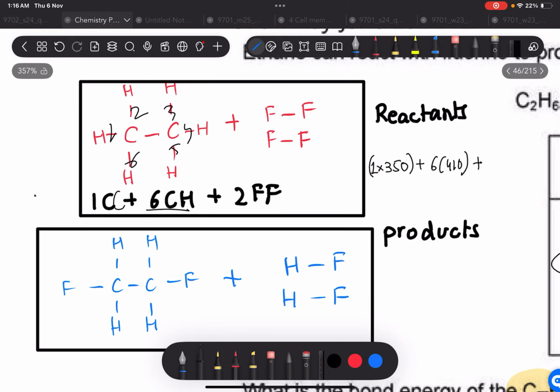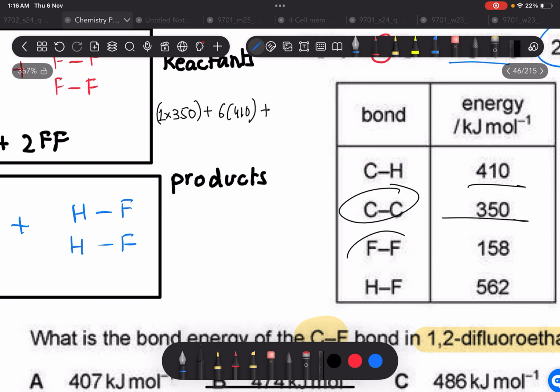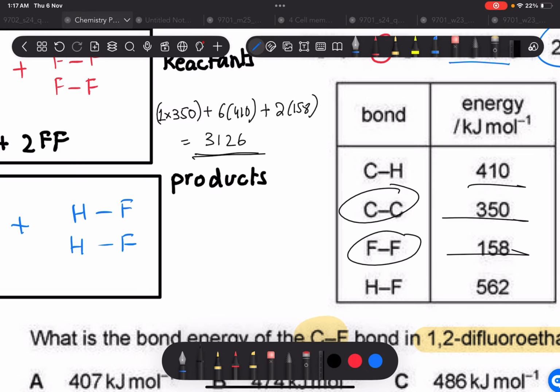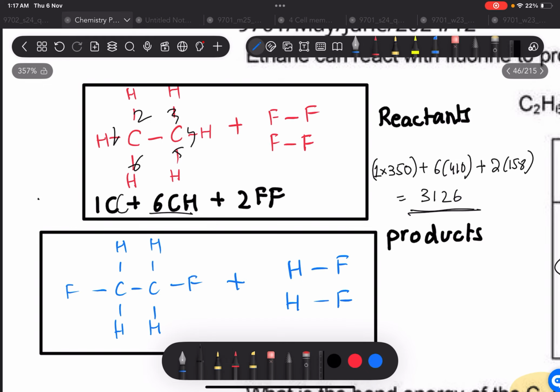Plus 2 multiplied by FF, 158. So 2 multiplied by 158. Done. All the energy that's going to be required for my bonds to break. Let me calculate: 350 plus 6 times 410 plus 2 times 158 gives me 3126. So that's all the energy that's going to be absorbed for breaking these bonds.